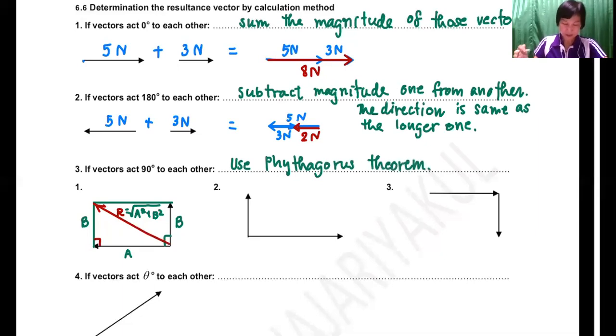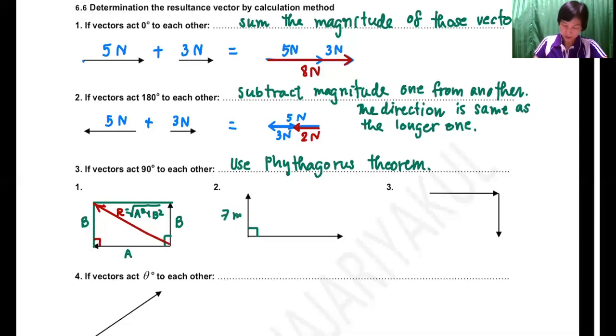Okay. Now suppose we have two vectors acting at an angle of 90 degrees against each other. I will let the vector that points upward, to the north, have a magnitude of 7.